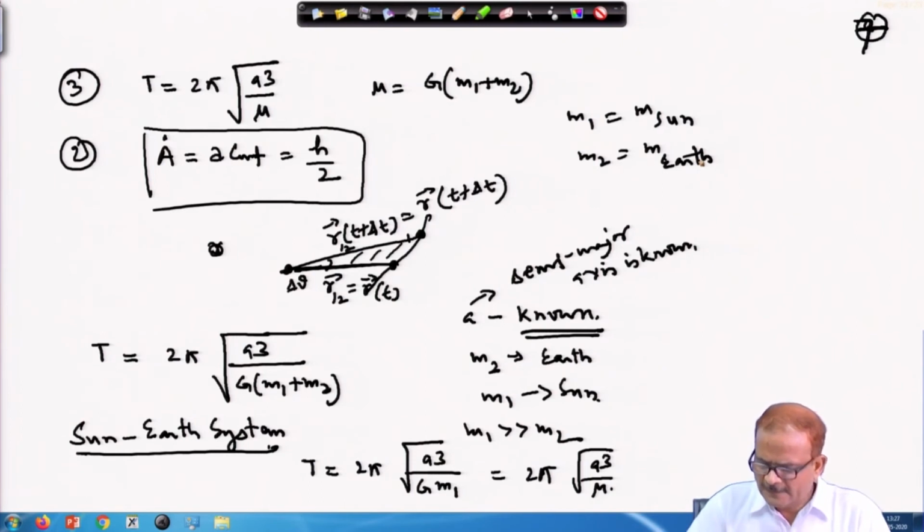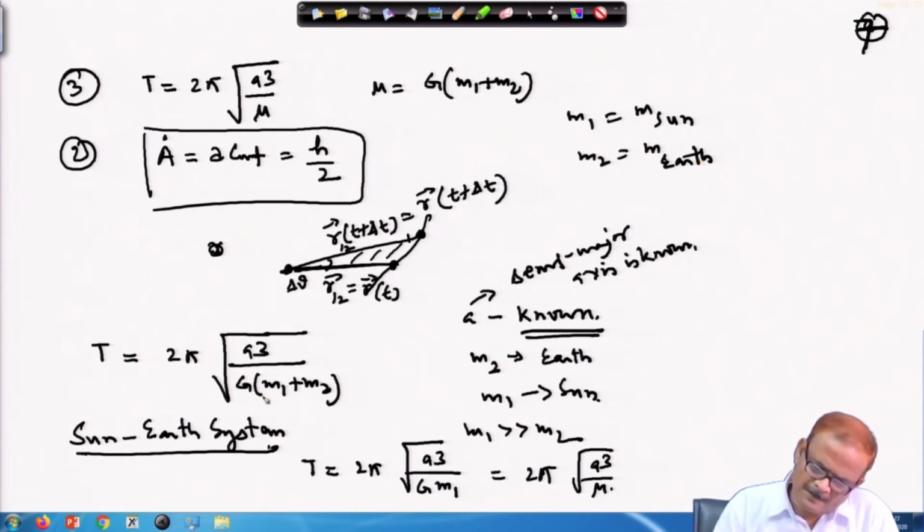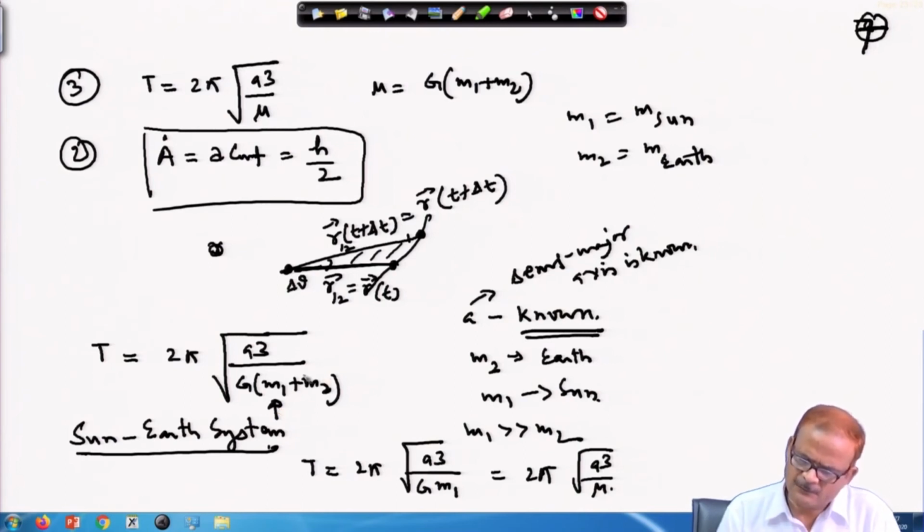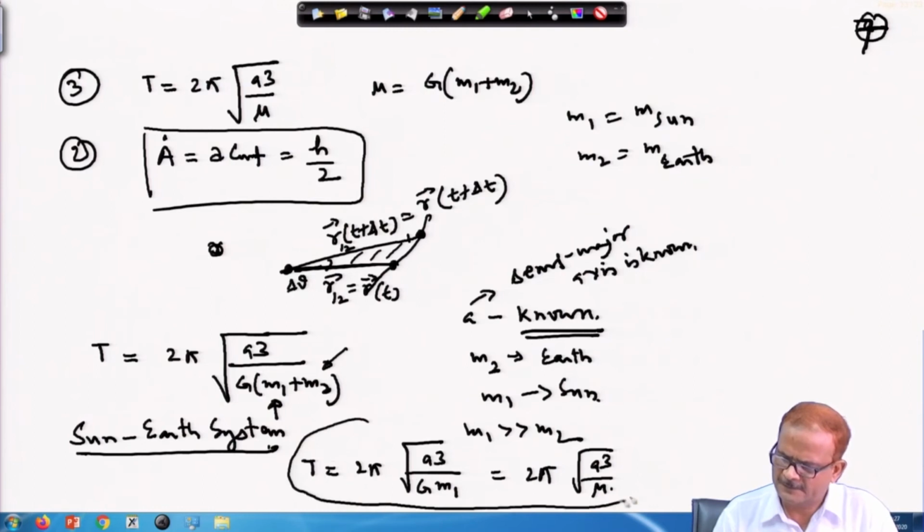So, you can see that if the system with respect to which you are describing the motion is a very heavy one, you can assume it to be fixed, and the second mass moving around it, and the time period is then given by simply this equation.